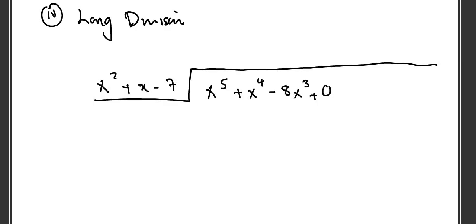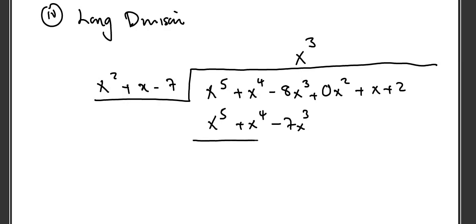There's no x to the power 2, so I'll put a 0. Then plus x, then plus 2. We always divide only using the first term. So x squared into x to the power 5 will be x to the power 3. Then you multiply with everything. This times that gives x to the power 5, then x to the power 4, then negative 7x to the power 3.